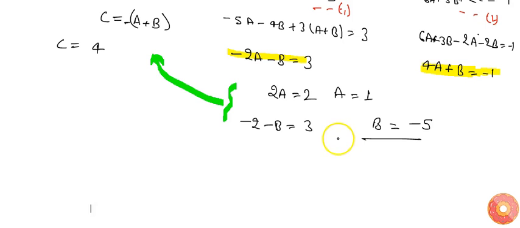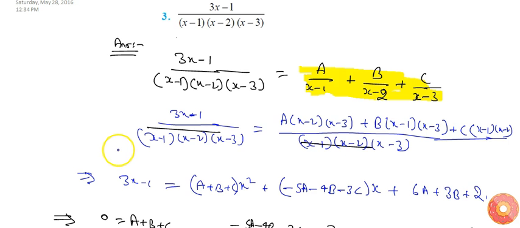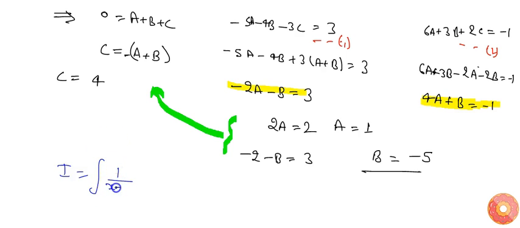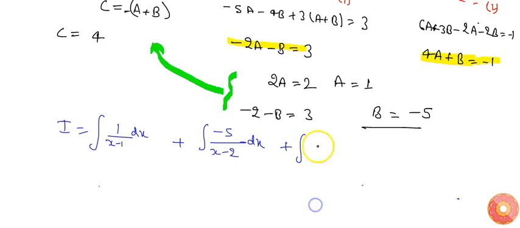So our expression is changed to I equals the integration of 1 by x minus 1 dx plus, since the value of B is minus 5, minus 5 divided by x minus 2 dx plus, and since the value of C is 4, 4 by x minus 3 dx.